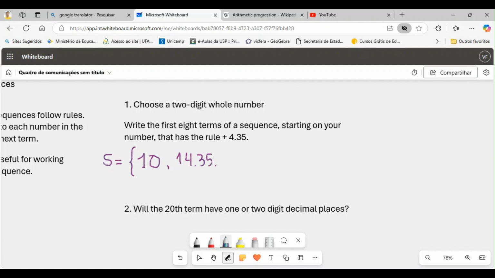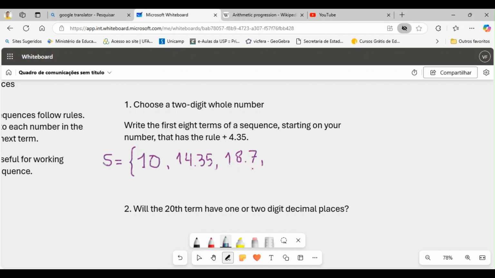Okay, and then if we sum up 14.35 with the additional 4.35, then we are going to have 18.7, just 7, it's okay. And we are going to keep going until we have 8 numbers, right?